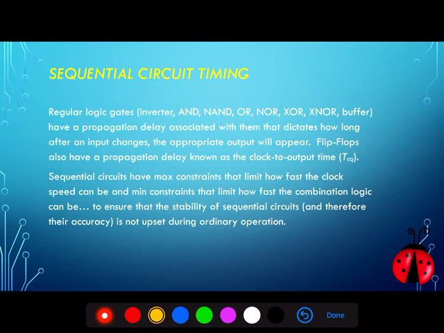Flip-flops also have a propagation delay known as the clock to output time, and we have to consider both the setup time before an active edge of the clock and the hold time after the active edge when we design circuits so that there are no glitches, errors, or other metastable outputs that occur as a result of timing. Well, that's all today for sequential circuit timing.